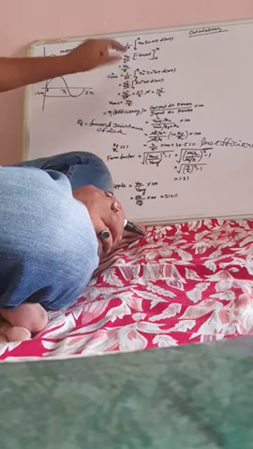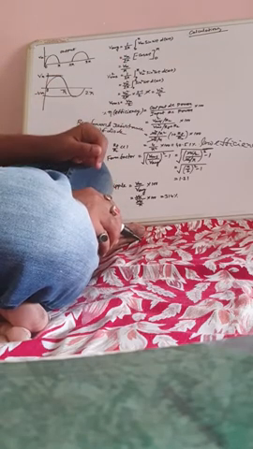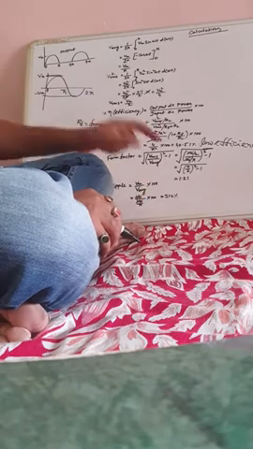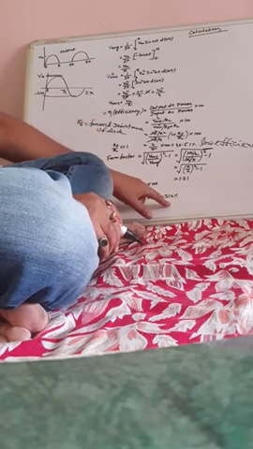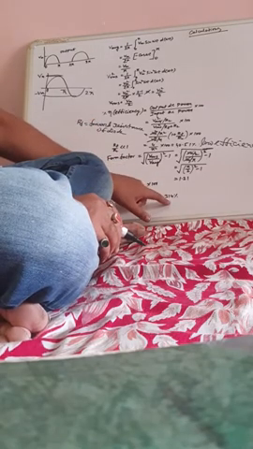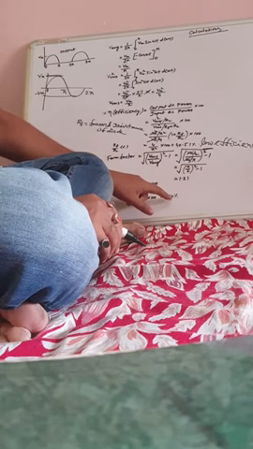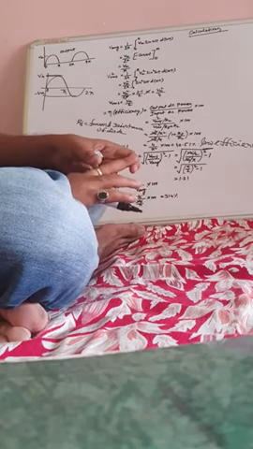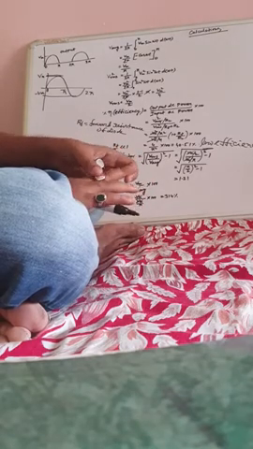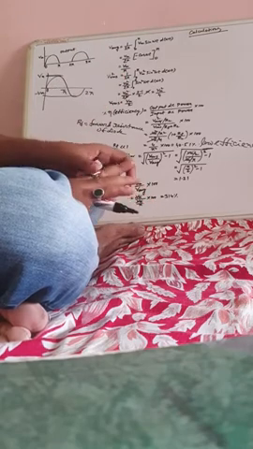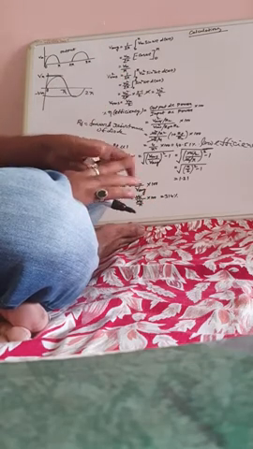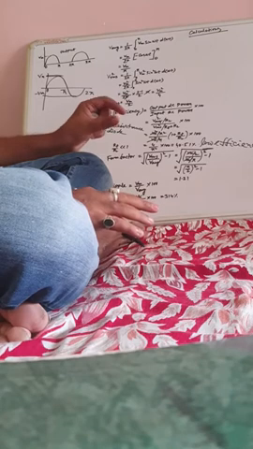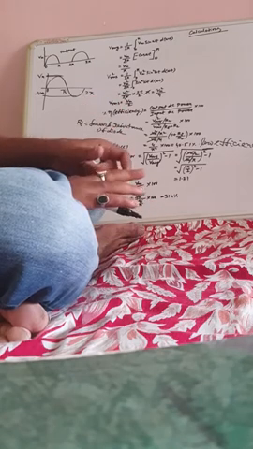Average value you know is Vm by pi, and Vm will cancel out, so it is 340%. Imagine, 340% is a huge amount of ripple present during rectification by the half-wave rectifier. This ripple has been removed somewhat by the capacitor, but if you use two diodes, the ripple factor, the percentage ripple, will become automatically low, and the form factor will be less.